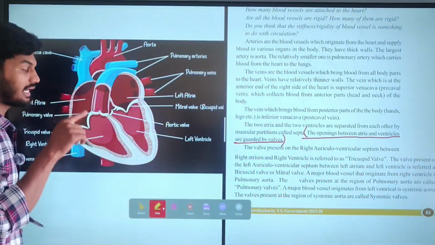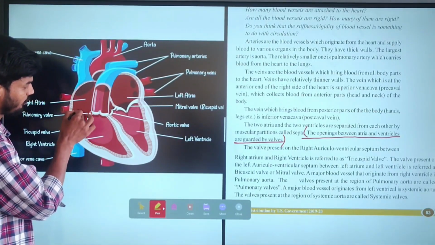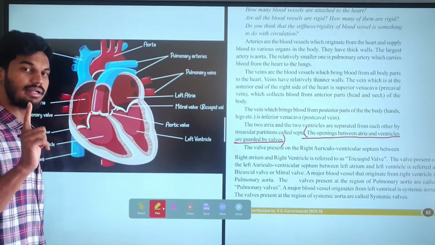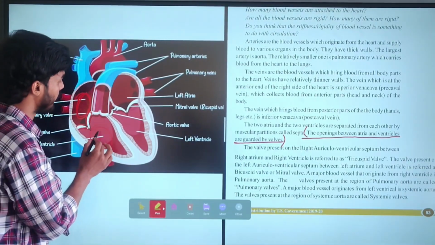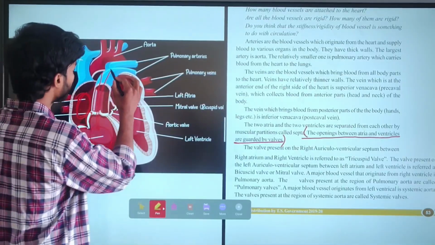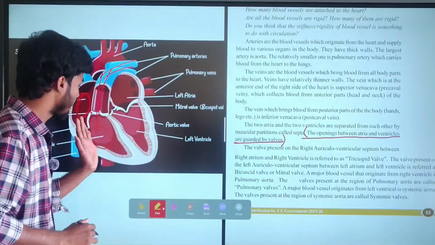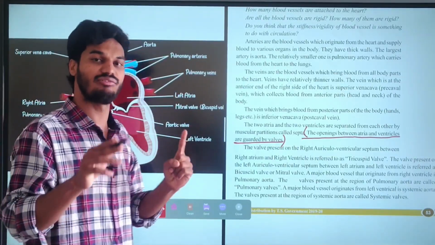The openings between the atria and ventricles mean the blood enters from the right atrium to the right ventricle. After the right ventricle, it travels to the pulmonary artery. The pulmonary artery transports the deoxygenated blood to the lungs, where it gets filtered.